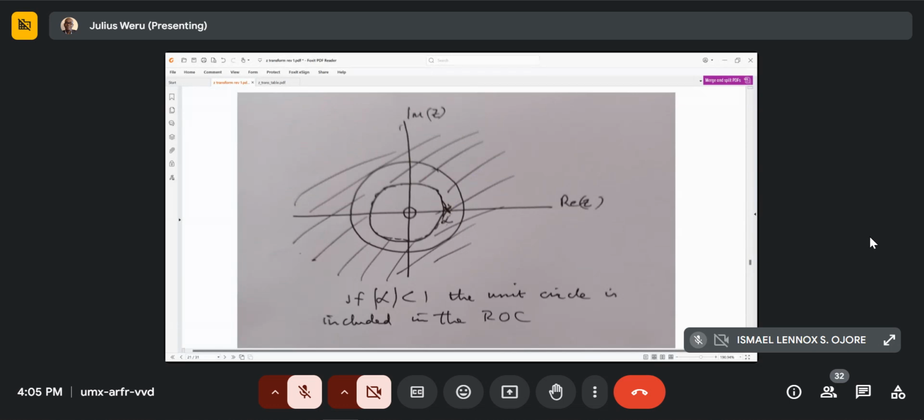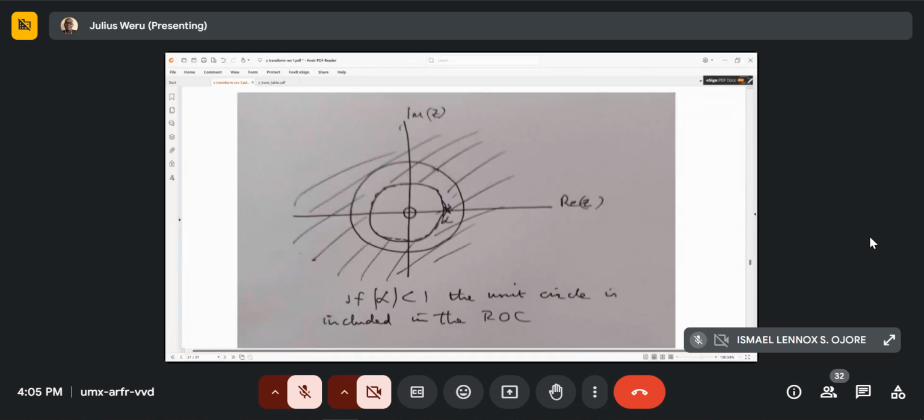If alpha is inside the unit circle, then this system would be a stable system, because the unit circle is part of the ROC.